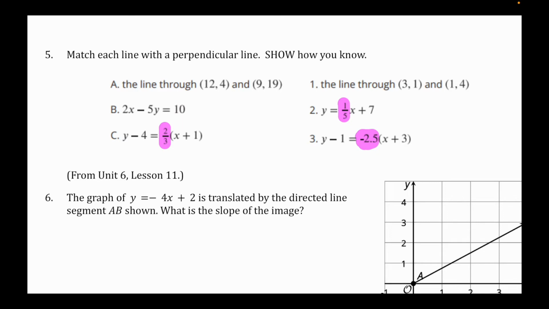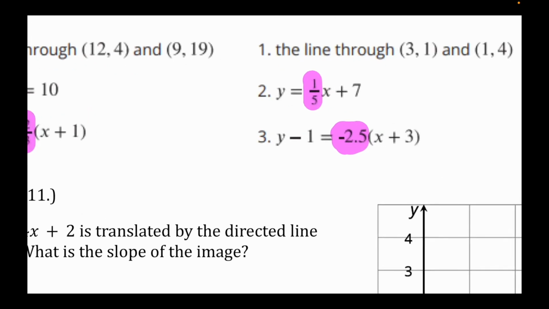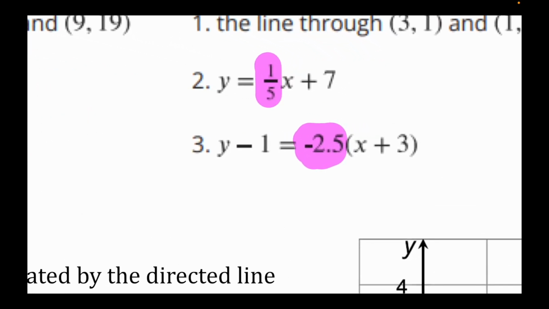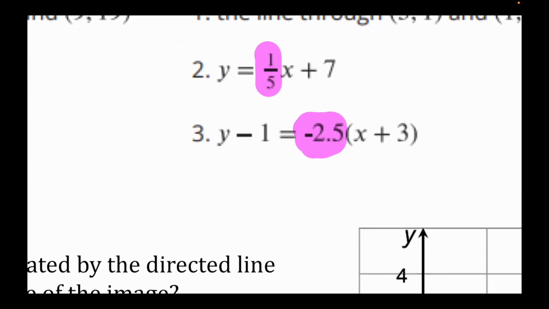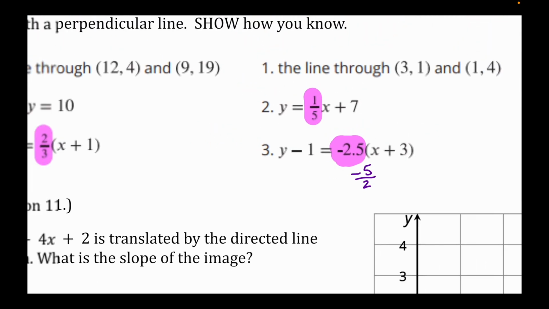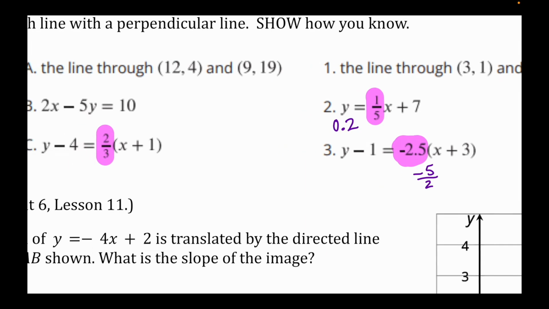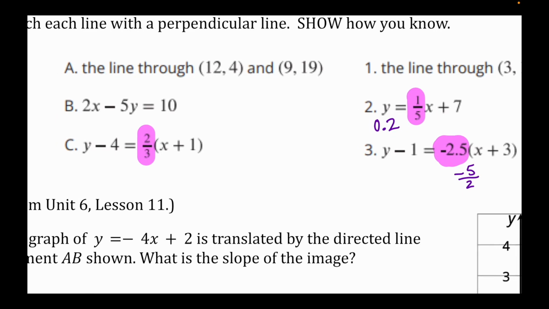Negative 2.5, if I was to turn this into a fraction, just because some of these are fractions and some of these are decimals, this would be the same as negative 5 over 2. And 1/5 would be 0.2, and 2/3 would be 0.6 repeating. So we want to match them with perpendicular slopes.